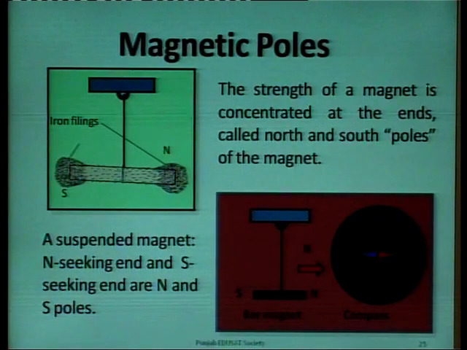Then a suspended magnet: if we suspend a magnet by tying it with a rope or a thread from any object and let it move freely, then the north and south poles will stay in a particular direction, like a compass, because, as we know, like poles repel each other and unlike poles attract each other.